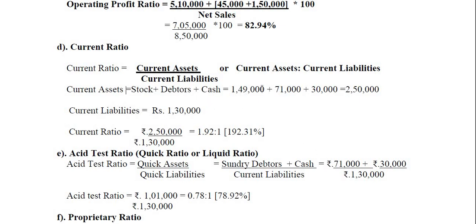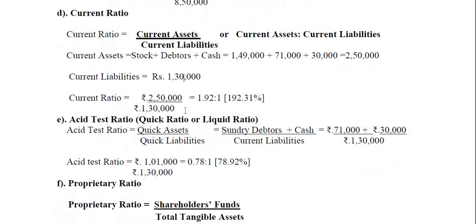Stock is 1,49,000, debtors are 71,000, cash is 30,000. Together, current assets are 2,50,000. Current liabilities are 1,30,000. Only one value is there.